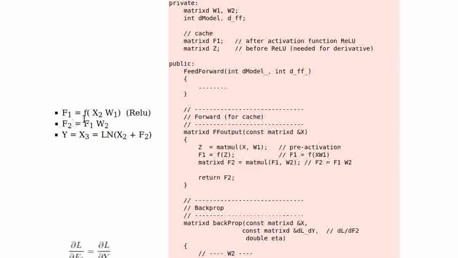F1 is f, the activation function, of the product of X2, W1. So we can implement this like this. The C is this argument X2 times W1. And F1 is the output of the activation function of C. Okay. And F2 is the product of F1, W2. Okay. And we return F2.